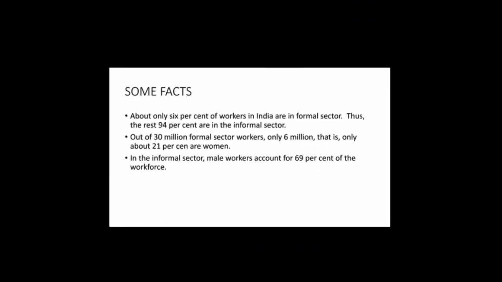From this point we understand that less females are there in the formal sector in secure jobs where they can get social security benefits, and in comparison more men are there in the formal sector, whereas in the informal sector there is more percentage of female workers.